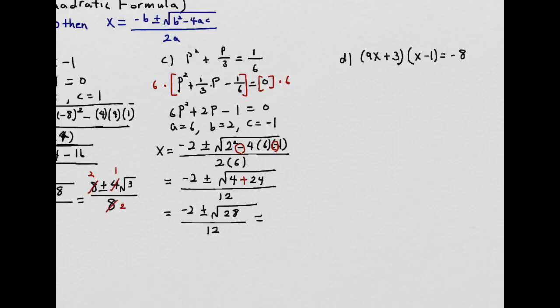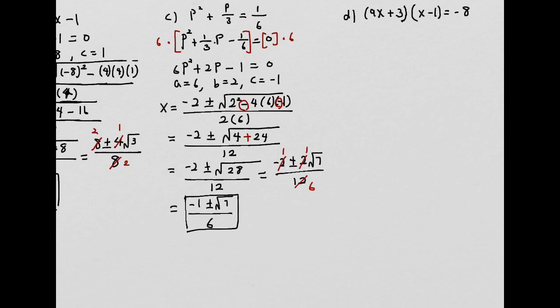And square root of 28, you should be able to simplify further with 4 times 7, which is 2 square root of 7. And when you reduce the common factor, then you get negative 1 plus minus square root of 7 all over 6 as your solutions.